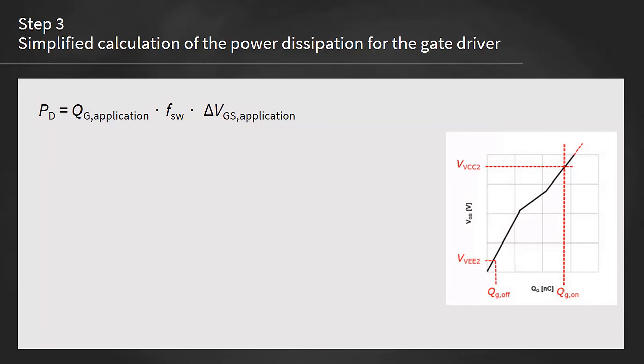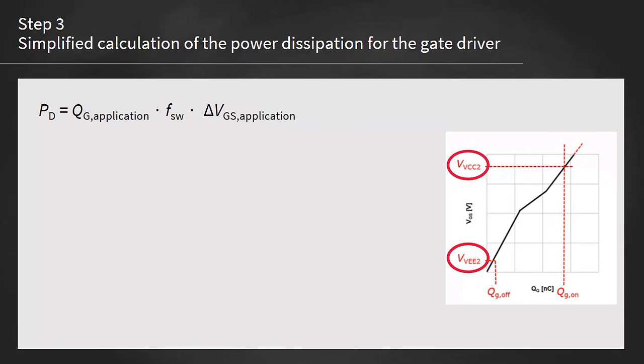The power dissipated in the gate driving circuit is a function of the gate charge in the application, the switching frequency, and the voltage swing of the gate driver output. The application gate charge can be extracted from the gate charge diagram in the silicon carbide switch datasheet. First, the turn-on and turn-off voltages are observed on the diagram y-axis.